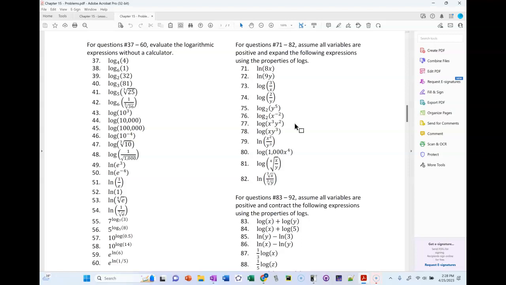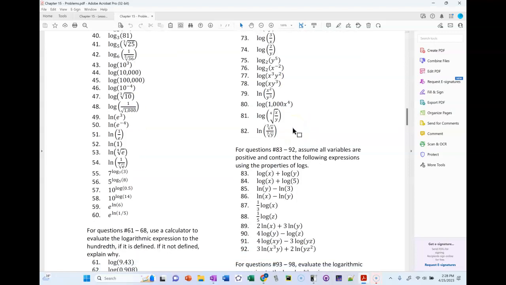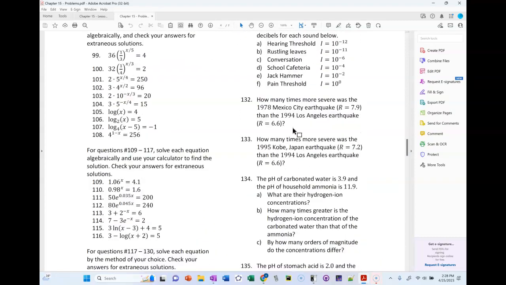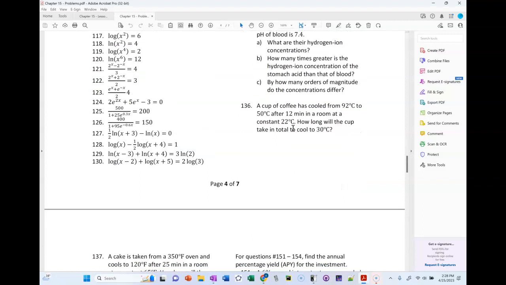You know what I mean? It's a lot of numbers, but none of these should take you more than a minute once you've gotten the hang of it. I would say less than 30 seconds once you've gotten the hang of it. None of them are tremendously complicated. It'll be okay. The hard problems start coming in the next section.